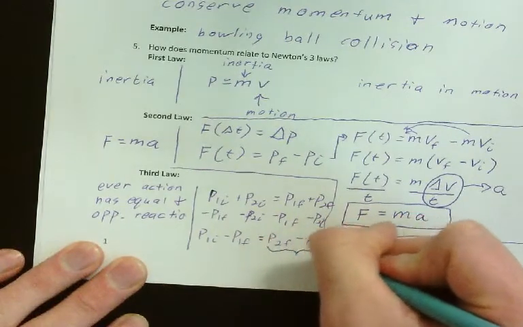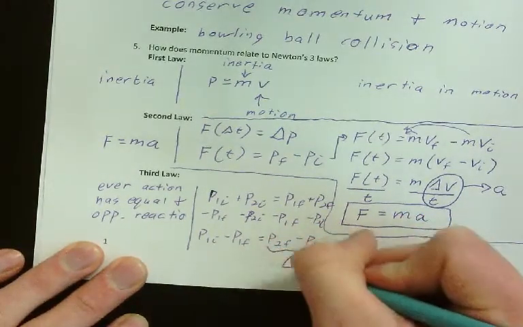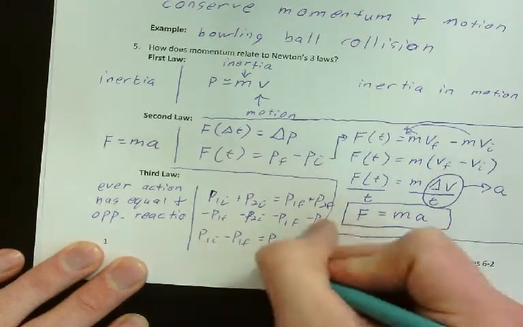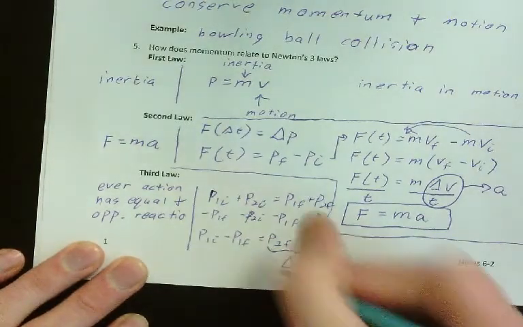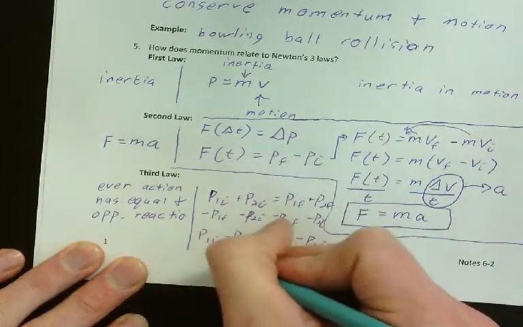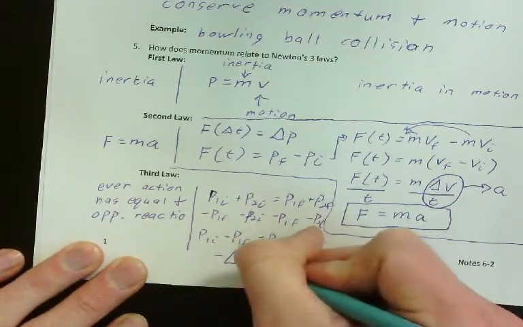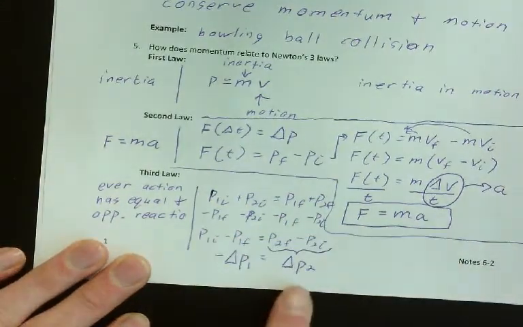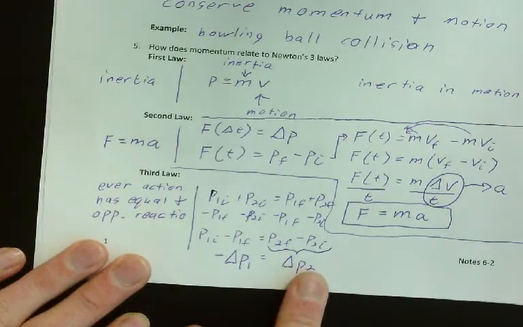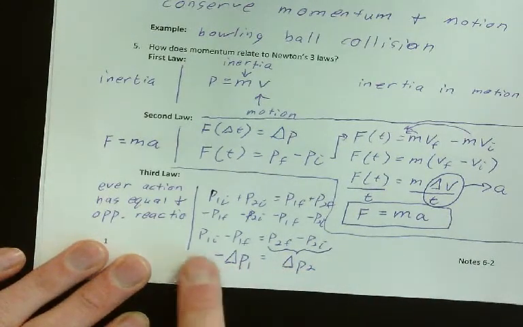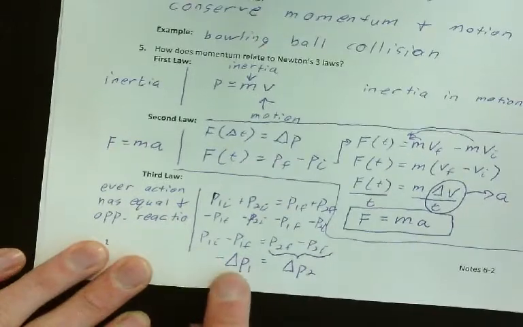Final minus initial is delta P for object 2. Initial minus final is negative delta P for object 1. Every action has an equal and opposite reaction.